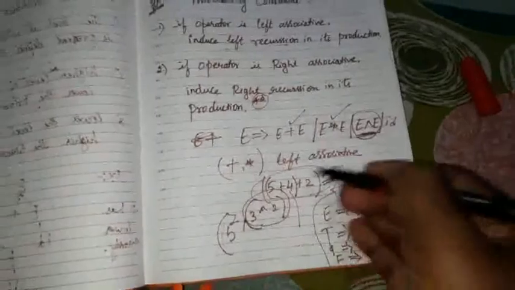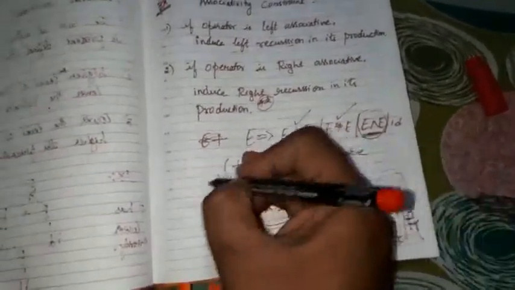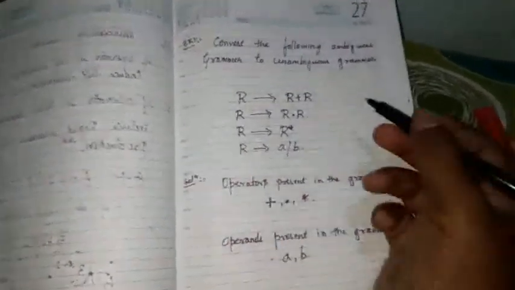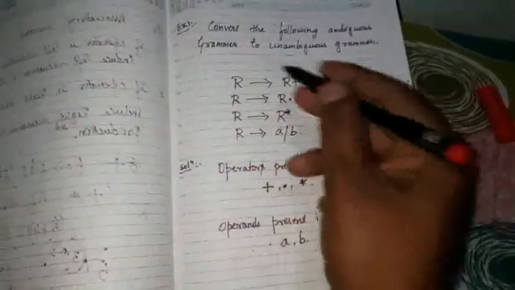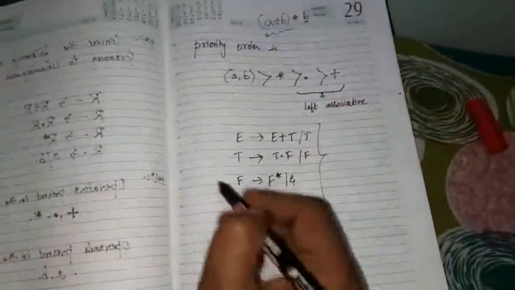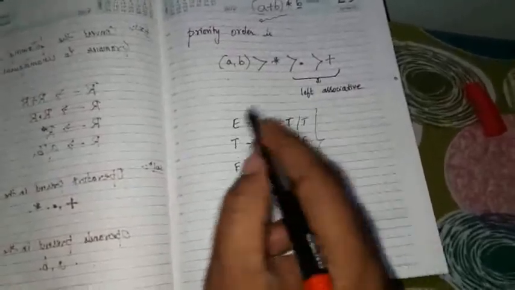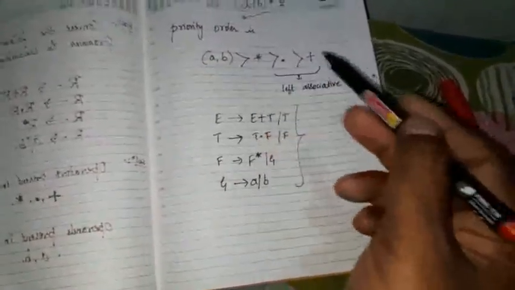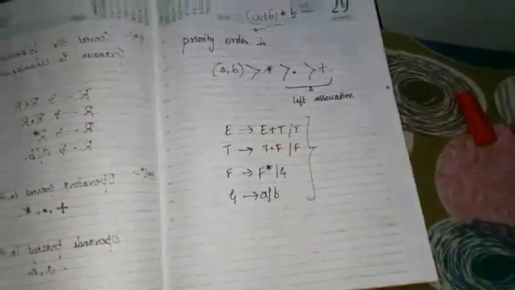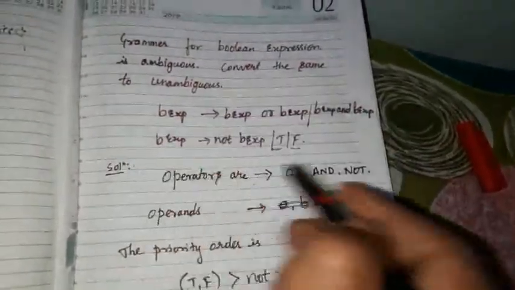Here we have seen an example of right recursion by taking a new symbol. And we have solved two examples. The first example is the grammar for a regular expression, and we eliminated the ambiguity present in the grammar using the precedence and associativity rule. Similarly, you have a grammar for a Boolean expression.